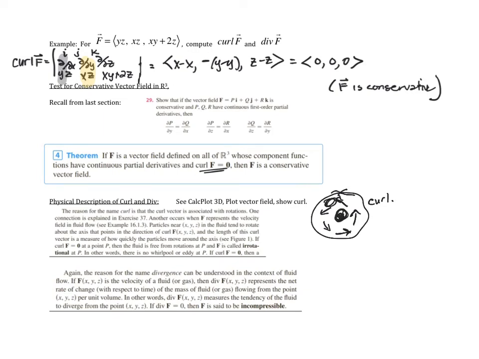Would it spin the other way? Would it not spin at all? That spin would be different anywhere in that pool of water. The tendency to spin or rotate at any given point is called the curl. If the curl is 0, we call that vector field irrotational. It's not rotating.